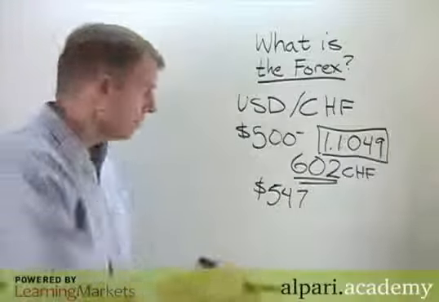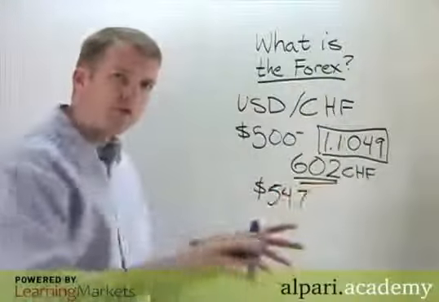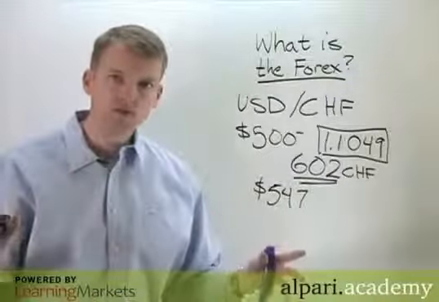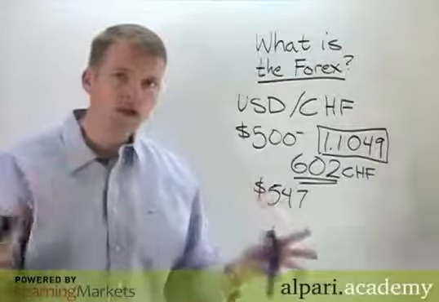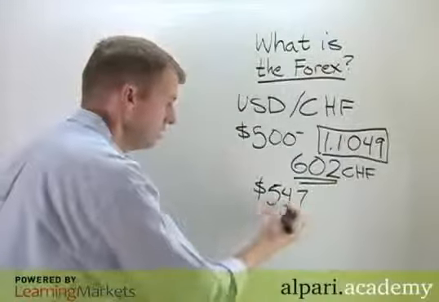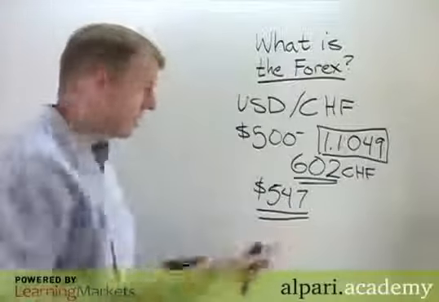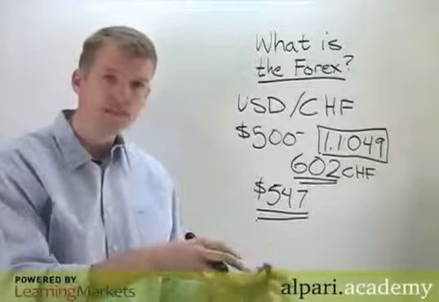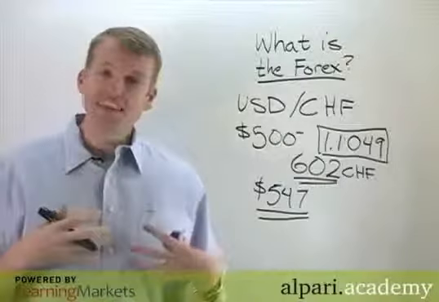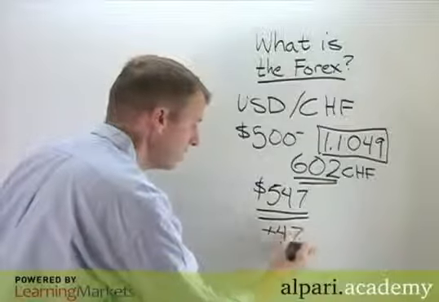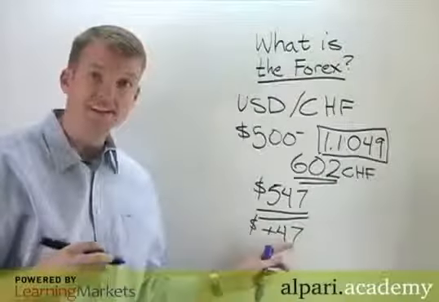If they think that the value of the franc is going to increase relative to the dollar, and we're going to talk about in these tutorials why an exchange trader or a Forex trader might think that, then we're going to be able to convert at the end of the summer a more valuable asset into one that's comparatively less valuable. Well, we live in the United States, so this isn't such a bad deal. We've actually made $47 in profits that we can take home and then spend.